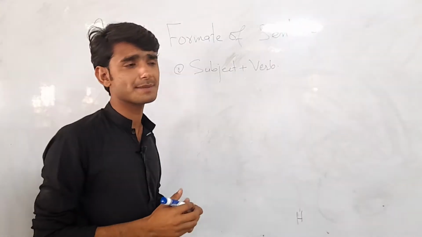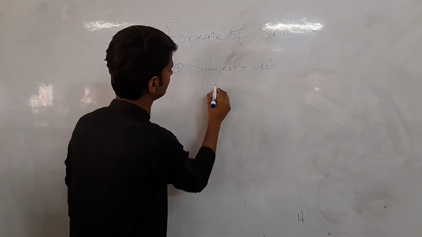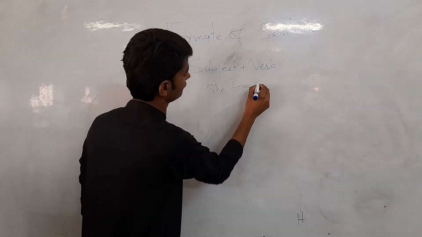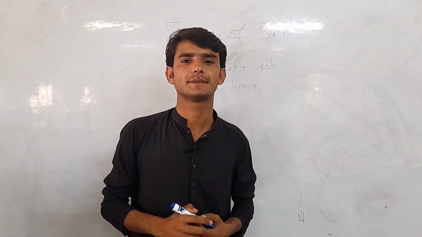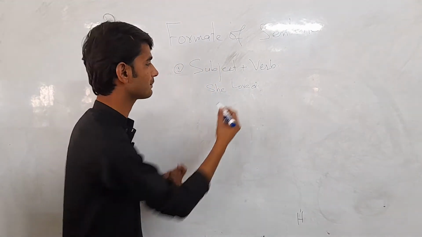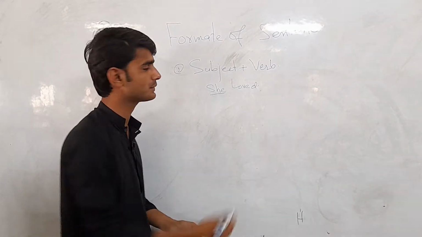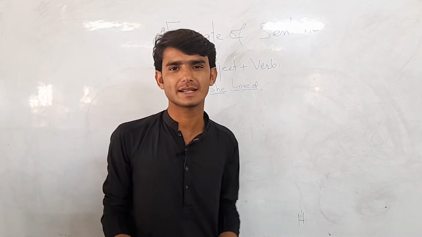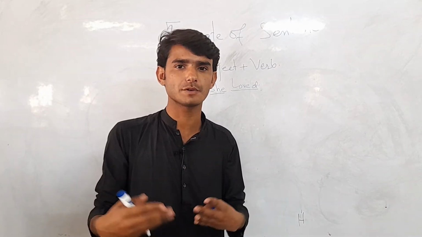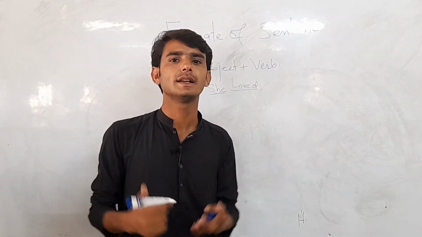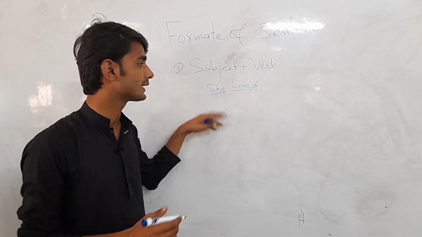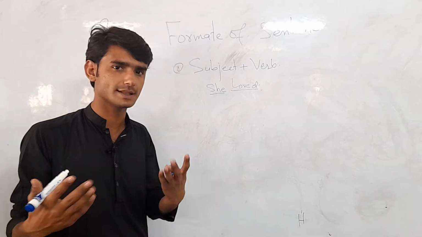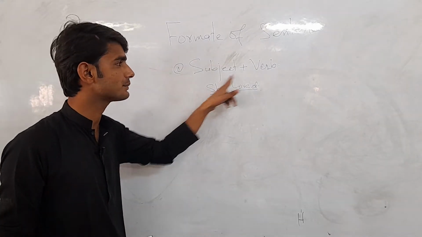We can have an example of this: She loved. She is the subject and loved is the verb. And she can love anything. When we learn about the other types, we will cover what other words or elements can come into the sentence. So this was regarding subject plus verb.